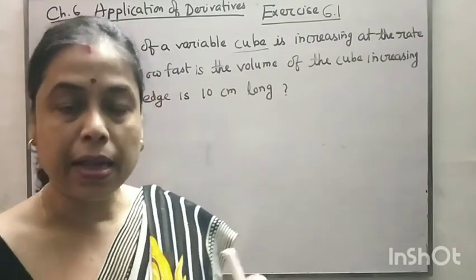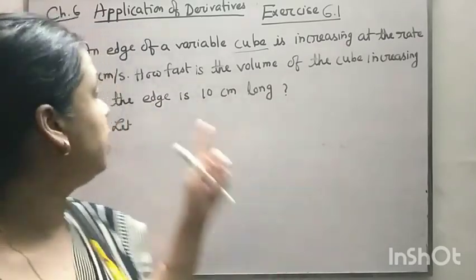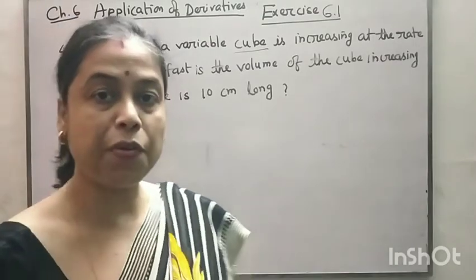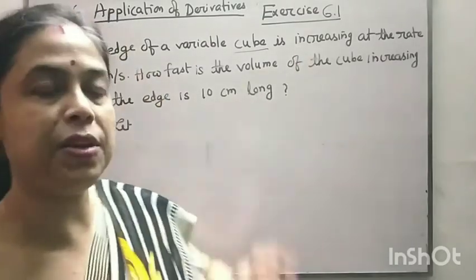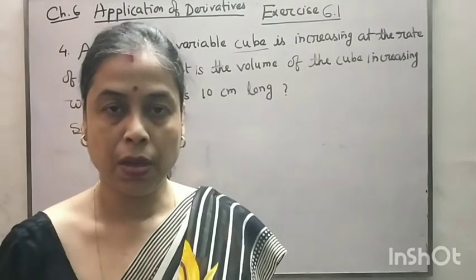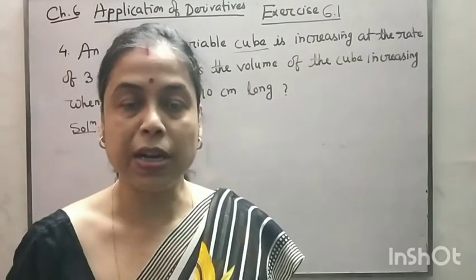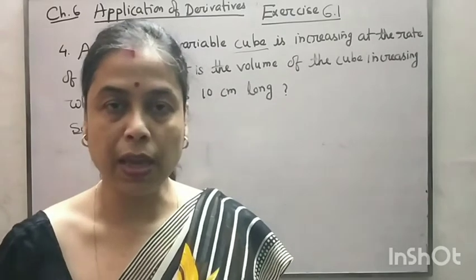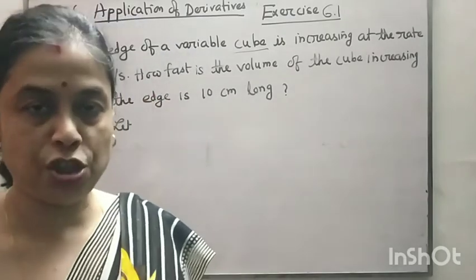The edge of a cube is increasing at 3 cm per second. That means with respect to time it is increasing. The question is to find at what rate the volume of the cube is increasing. So first you have to consider the edge.